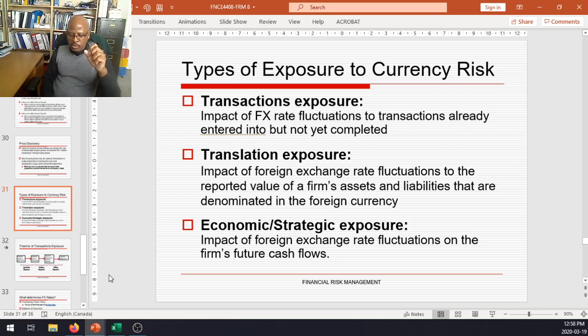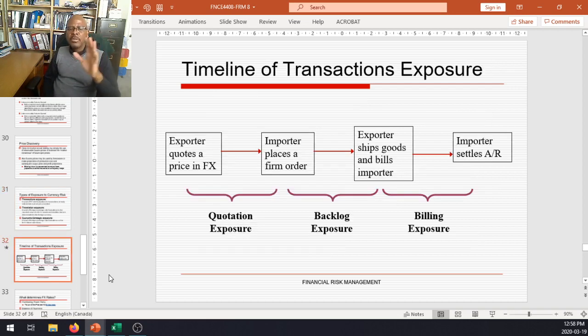But for the transactions exposure, we just mentioned that there are different timelines to it. And once again, you probably would have seen this in international finance. These are the different aspects of the exposure that a hedger or a risk manager has to be concerned about. And that is at the beginning, when an exporter, for instance, quotes a price to an importer in some foreign currency, should the exporter then decide to hedge that quoted price?